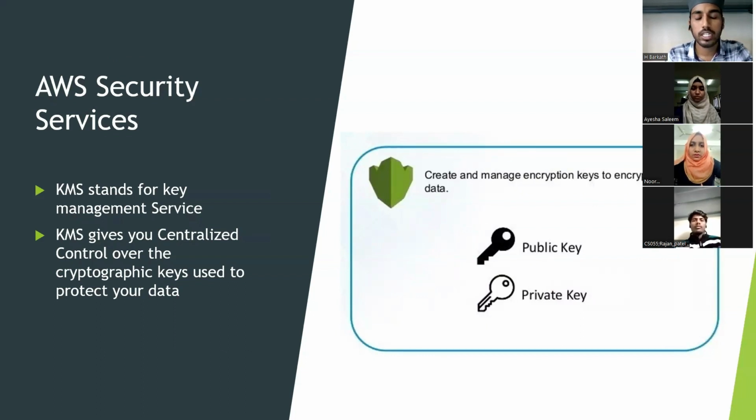So what this basically does is, if you want to launch an AWS instance, there will be a public and private key pair, and you will be provided with a private key. The public key is with AWS and the private key is with you. If you want to connect to your instance, you have to upload your private key. If it matches with the public key, it will authenticate you to your instance.